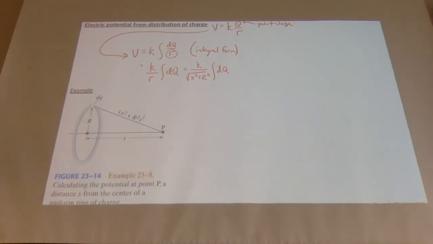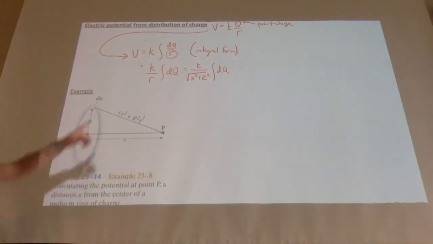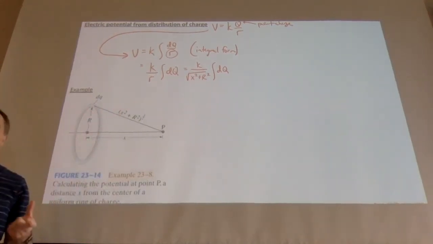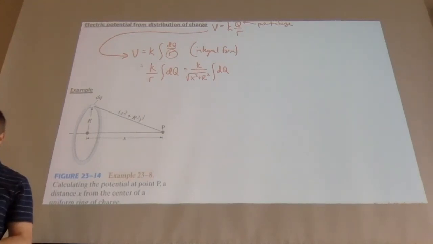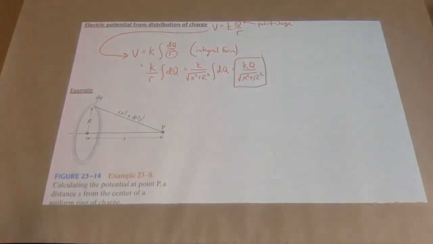And we're basically done, believe it or not. If I'm just doing the integral of all the little pieces of charge, what is all the little pieces added up? It's just Q. So this is kQ over the square root of x squared plus r squared. Wow. That was fast. That happened ridiculously fast.